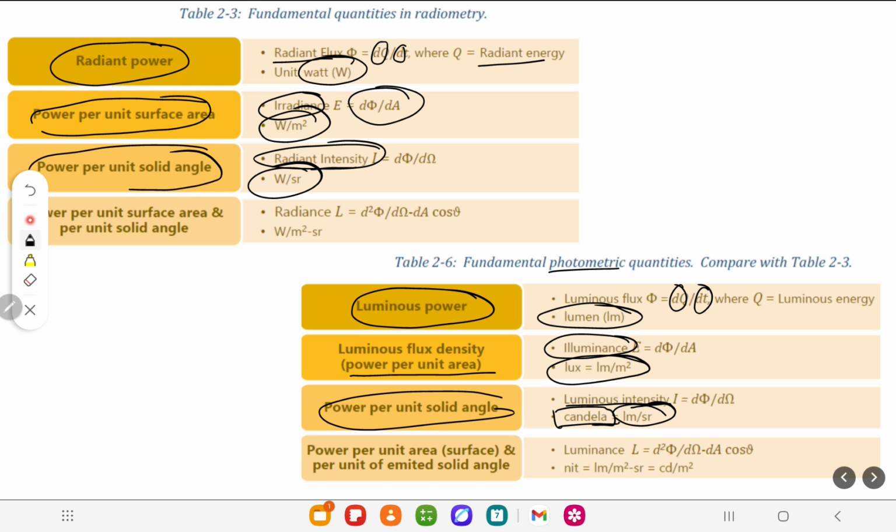And the last quantity is power per unit surface area per solid angle, which is radiance, with unit watt divided by meter square steradian. In photometry, power per unit surface area per unit emitted solid angle is luminance, and the unit is nit, which is lumen divided by meter square steradian, or candela per meter square, basically a conversion of the unit.